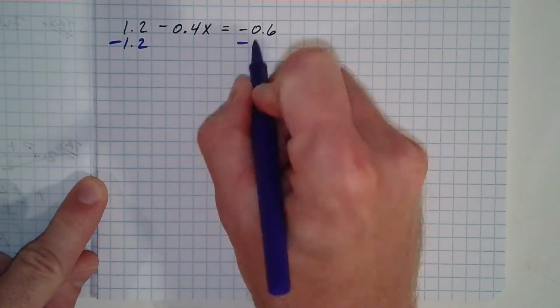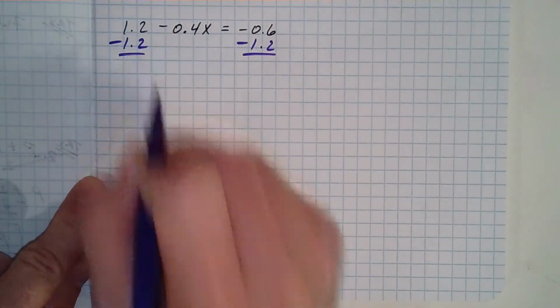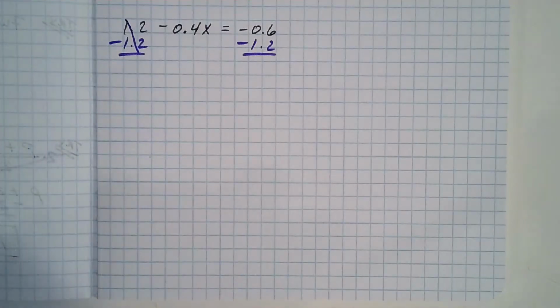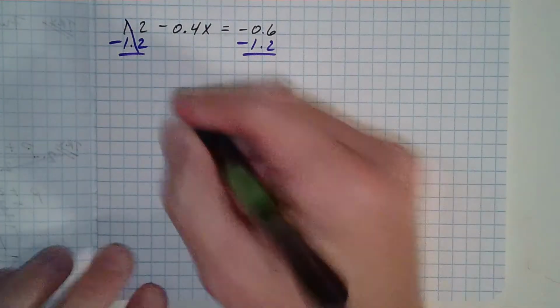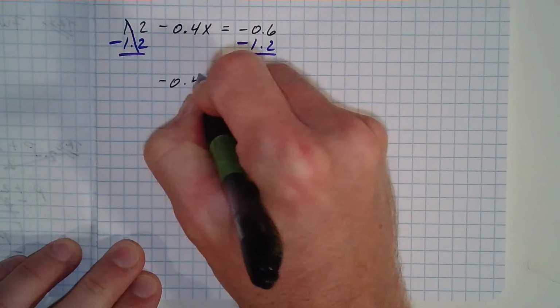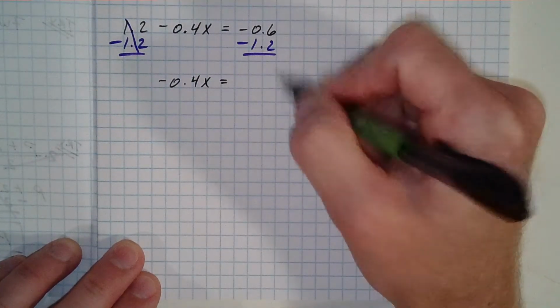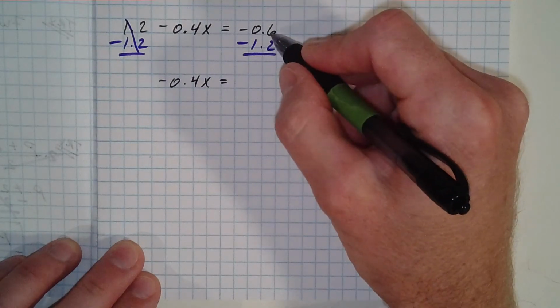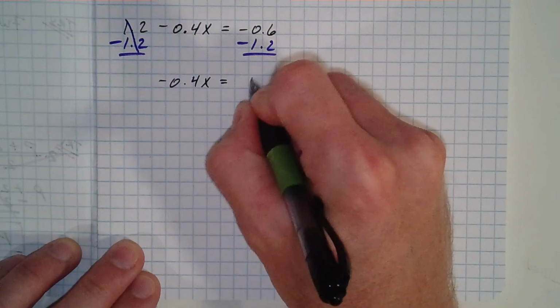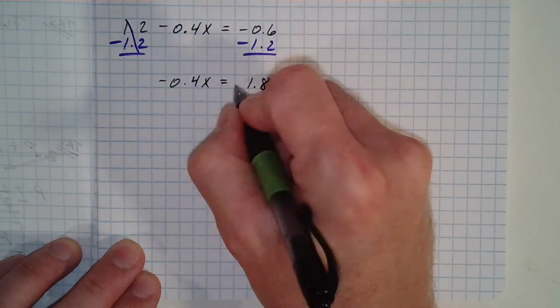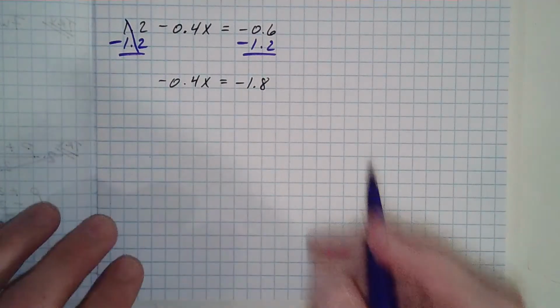I want to undo the 1.2, and when I do that, this will cancel over here, and I'll have negative 0.4x equals, these are both negative, so I'm going to add the results together, and I'll have 1.8, but because they're both negative, my result will be negative.